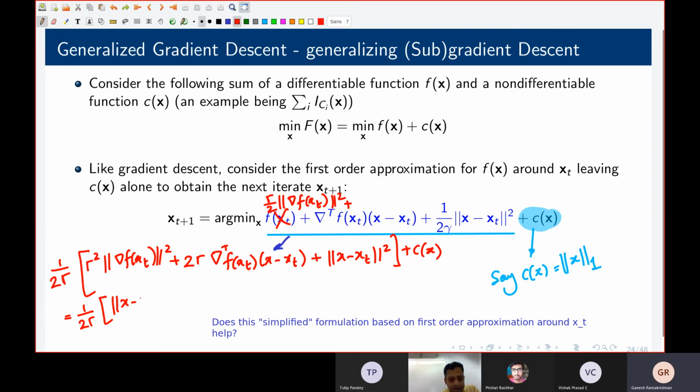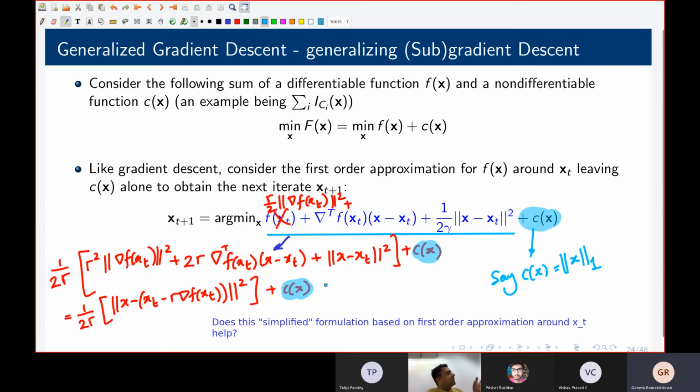So I'll write it as norm of x, x minus xt minus gamma times the gradient. It's minus minus plus, right? And cx is just hanging around. Nothing special about it. This is okay.